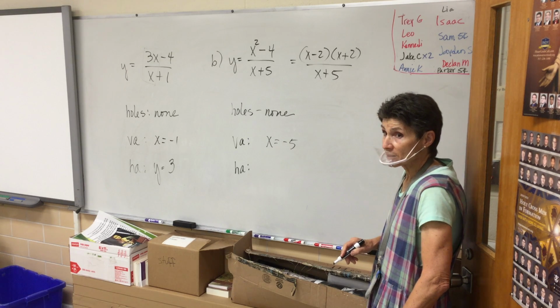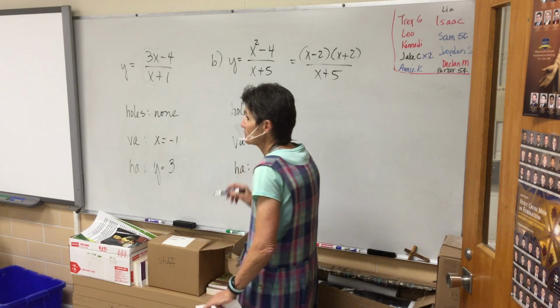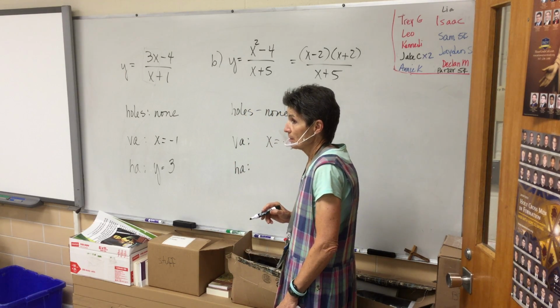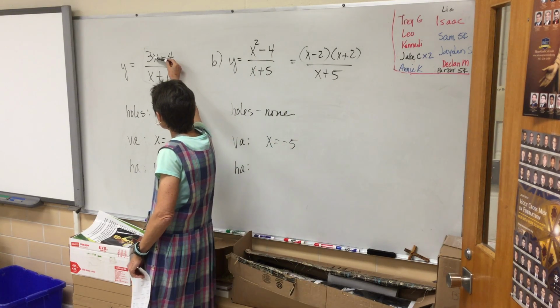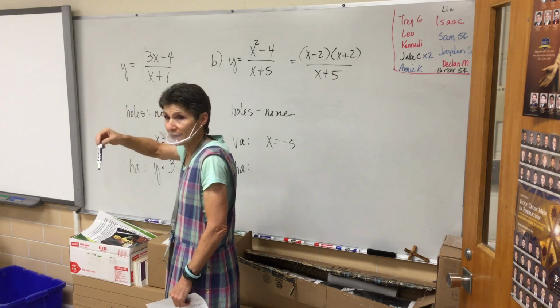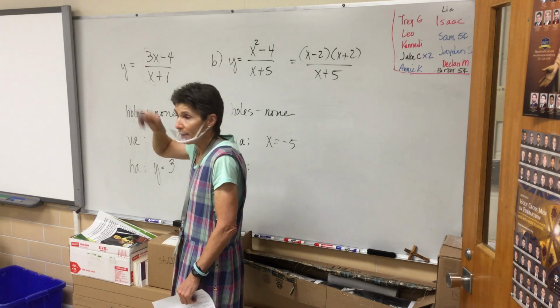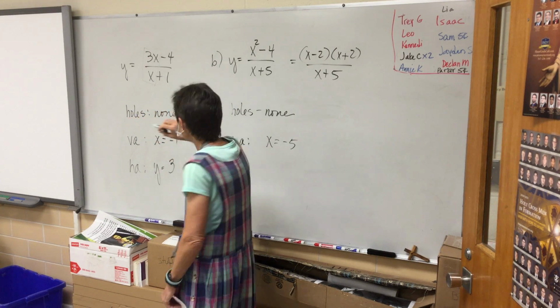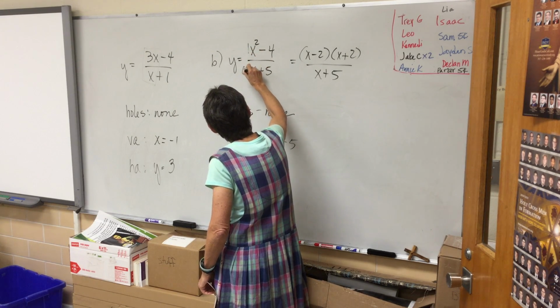Now, how do I get my horizontal asymptotes? I box them in, right? Oops, we have a little bit of a problem. Because when I box them in, it has to be x over x, or x squared over x squared. I can't be mixing them. So do you remember how I handle that? I put a 0. This is a 1x squared, so I've got 0x squared.